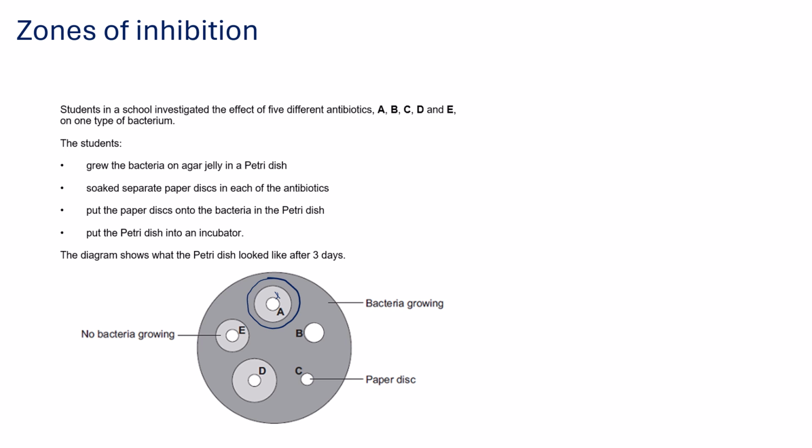Now, there are two things they can ask you about this practical. Firstly, they could ask you to calculate the size of the zone of inhibition. And in order to do that, you would need to use pi r squared. Obviously, pi is 3.14. In order to get the radius, you would then measure the diameter of the zone of inhibition.